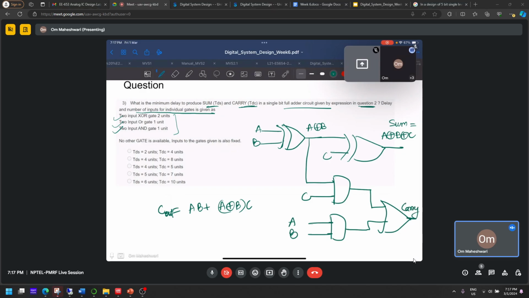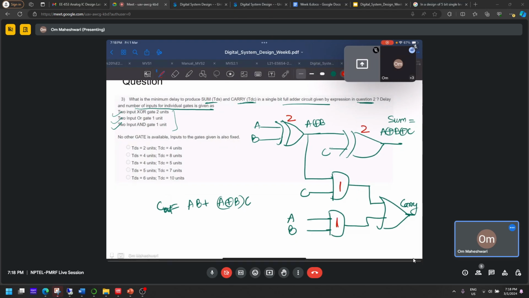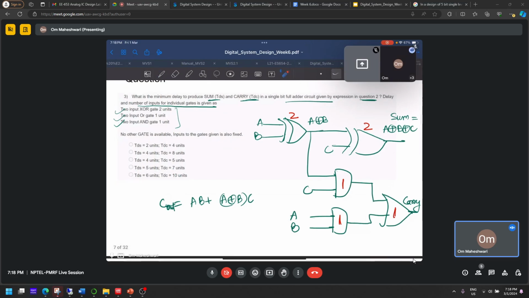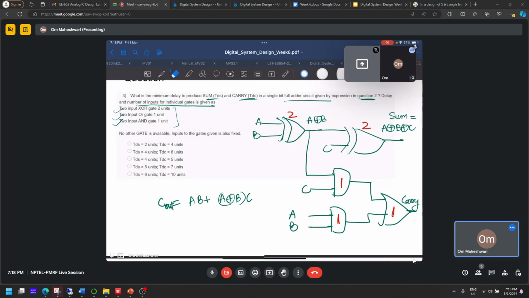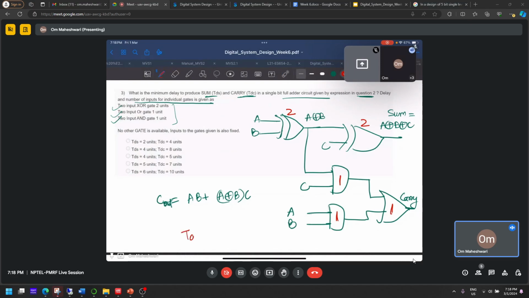Now if you look at the propagation delays, this is a propagation delay of 2, this is of 2, this is of 1, 1, and this is also 1. So the propagation delay in sum is 2 plus 2. So TDS is 2 plus 2, that is 4 units.